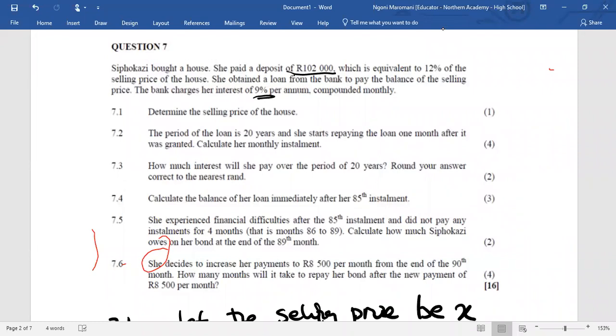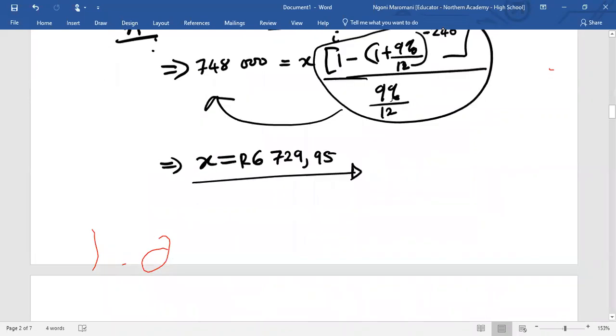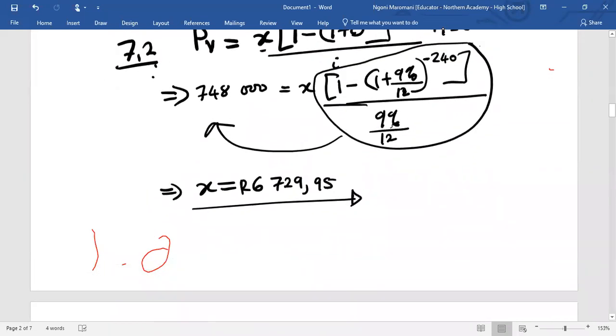So we want to check how much was the interest. For us to be able to find the interest, those that are doing accounting will tell you that interest will simply be the amount of money that you have paid minus the borrowed amount. Does that make sense there?